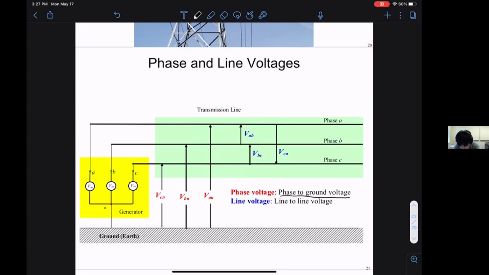And there is something called the line voltage, which is the voltage between different lines. There is a set of formulas that relates each of these voltages, so we can convert when we want to talk about phase to ground voltage versus line to line voltage.